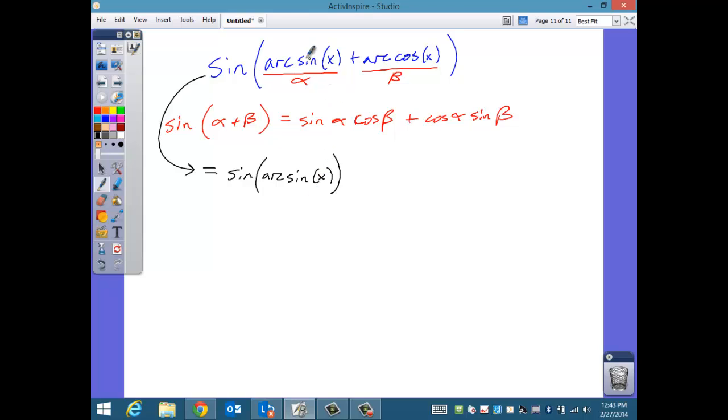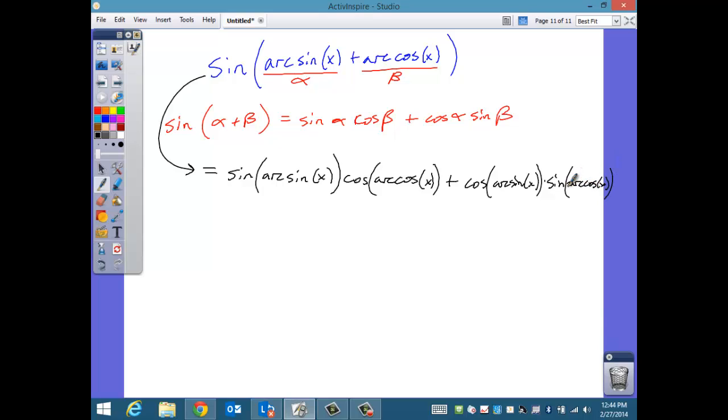For now, we're just putting it in, so don't worry just yet. Beta, I should have put arccos. Arccosine of x, plus cosine arcsine times sine arccosine.